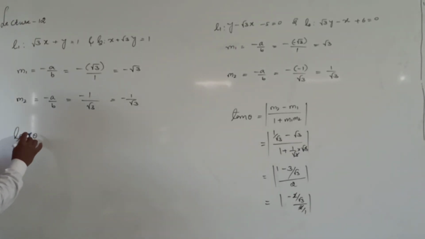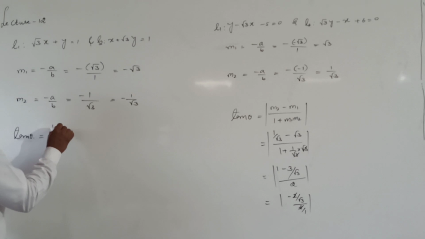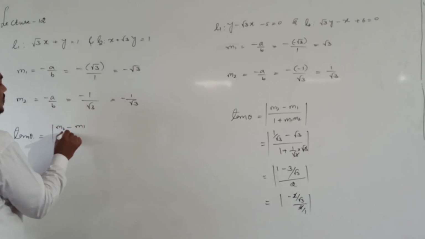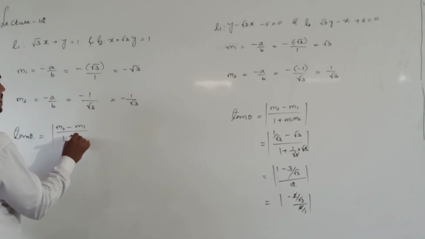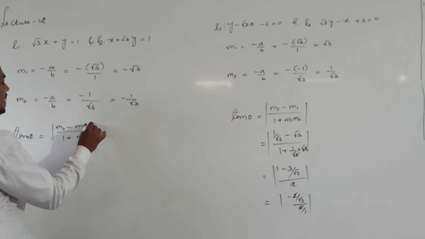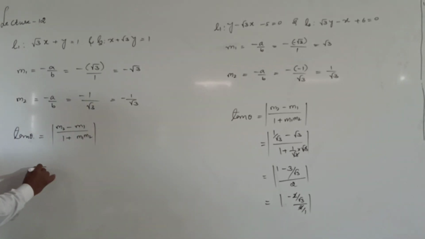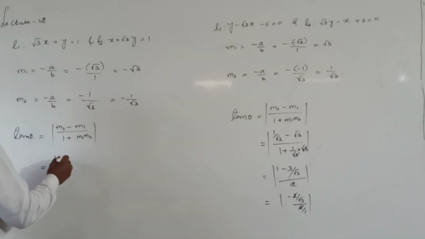Angle between two straight lines, tan theta is equal to modulus of m2 minus m1 divided by 1 plus m1 into m2, right? That's equal to, what is m2 value? That is minus 1 divided by root 3.